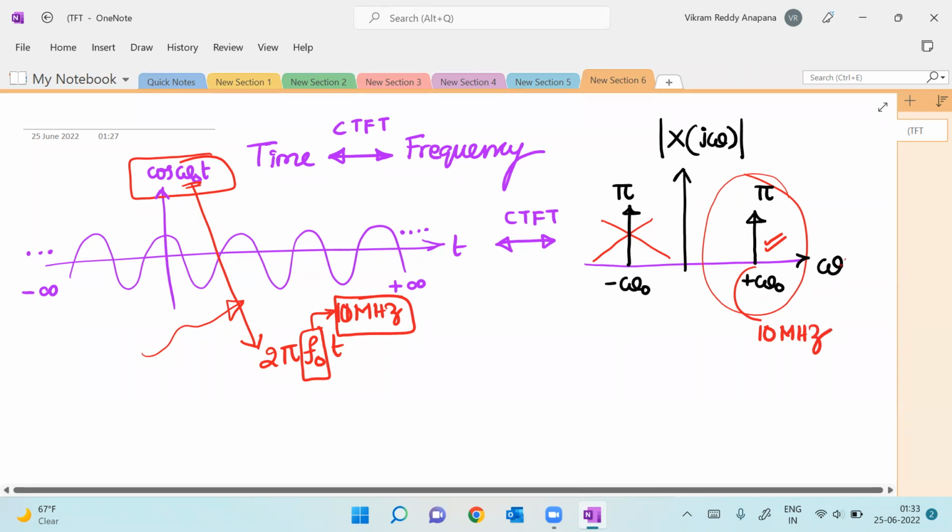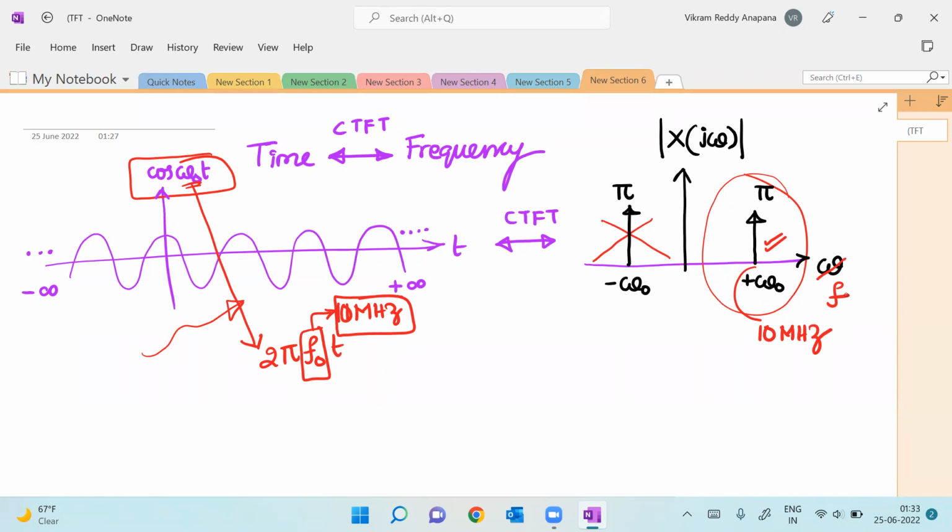If I take the linear frequency scale f, I can observe a spike at 10 megahertz and I don't see any other frequency components in the spectrum except one. Therefore, we call it a single tone function. This is a simple and very important takeaway.